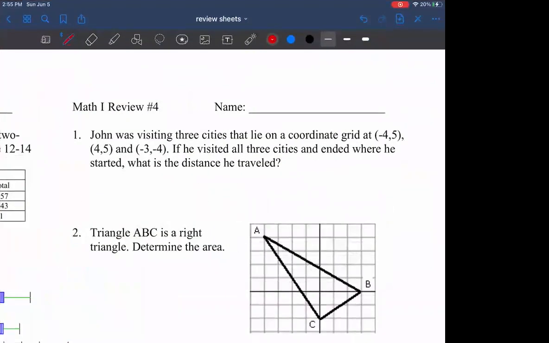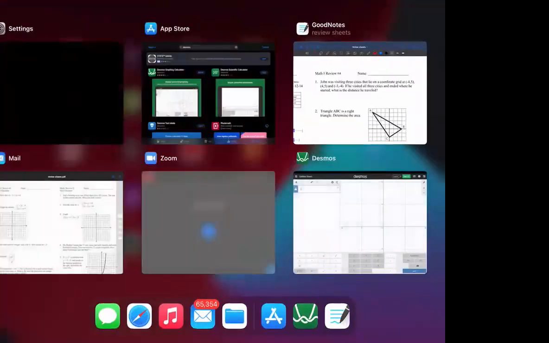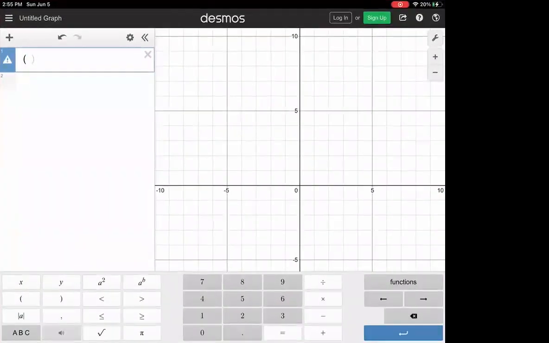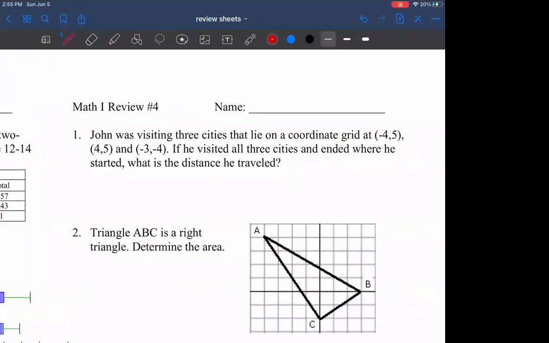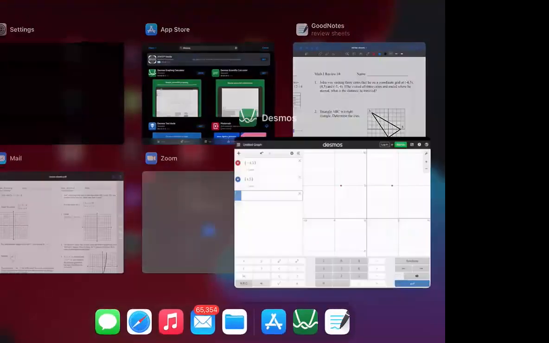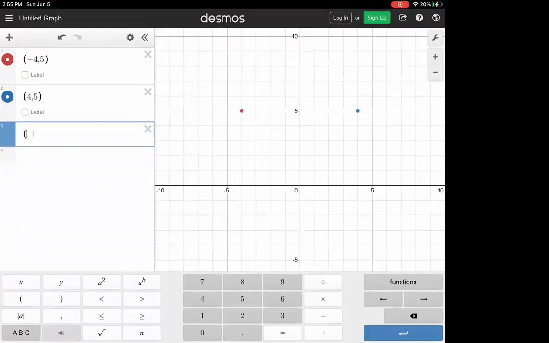So we've got (-4, 5), (4, 5), and then one more, (-3, -4).